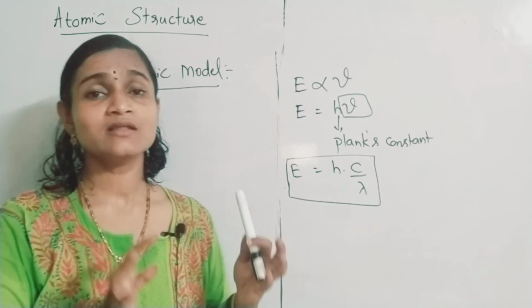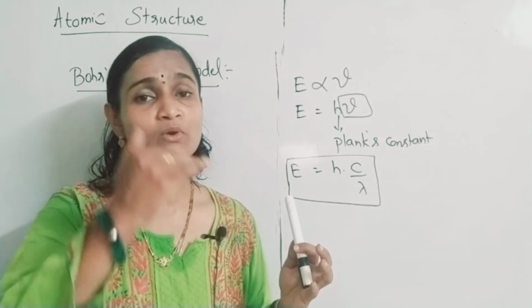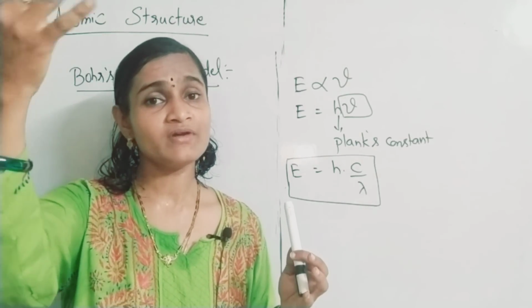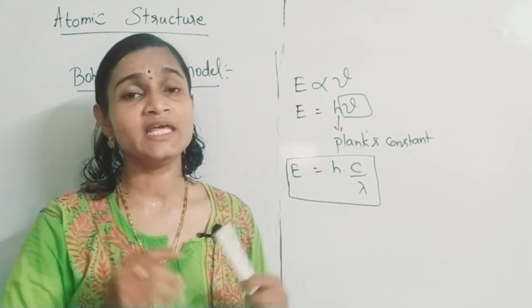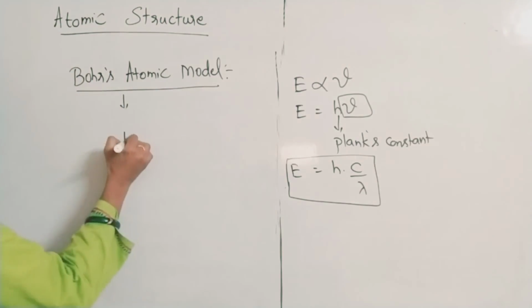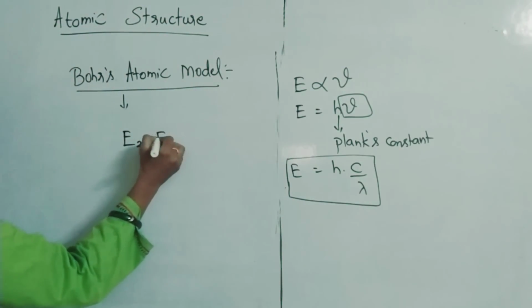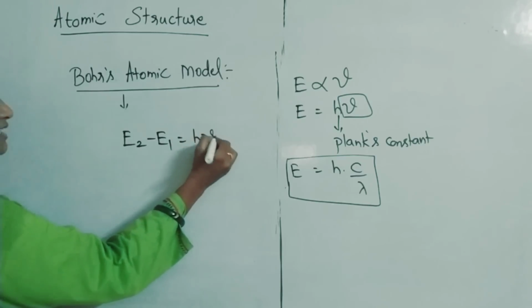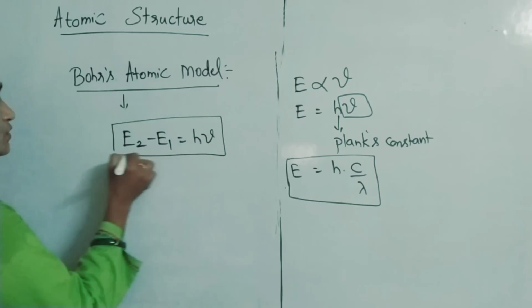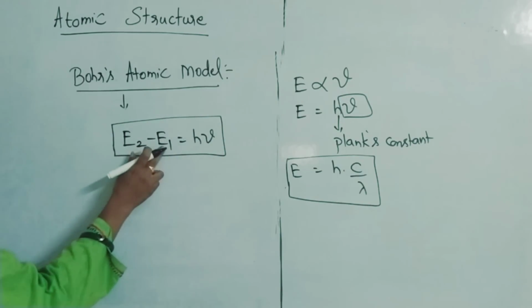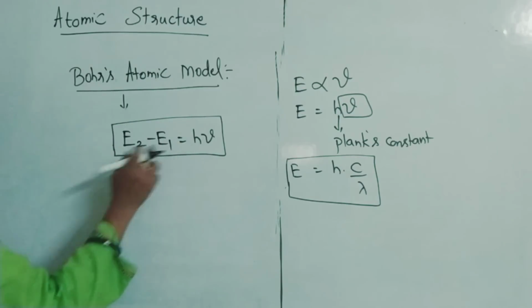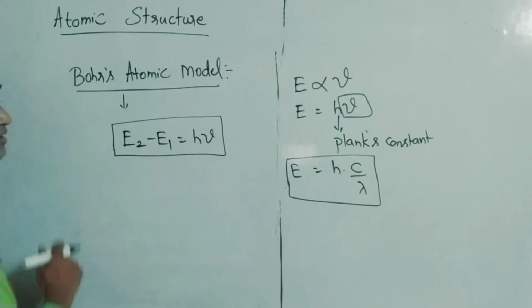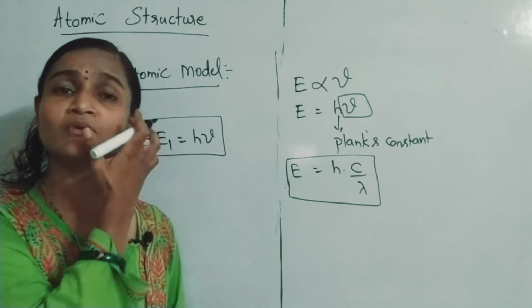Energy change will occur only if it jumps from lower energy to higher or from higher to lower. E2 minus E1 is equal to h nu, where E2 is the energy of the higher energy level and E1 is the energy of the lower energy level. E2 minus E1 is always equal to h nu. This is one of the postulates of Bohr's atomic model.